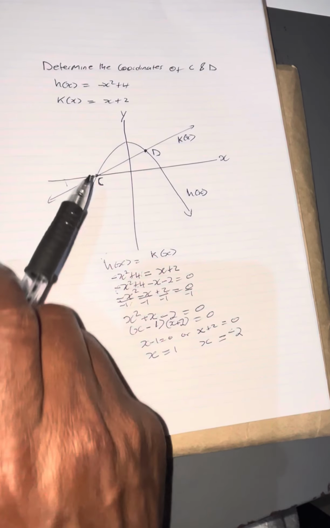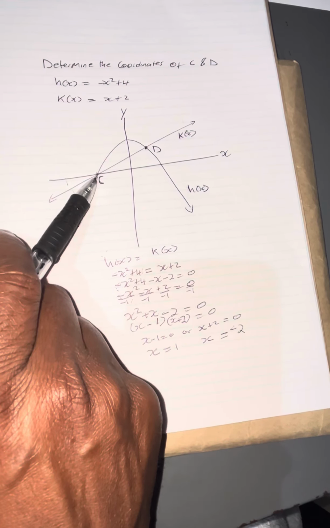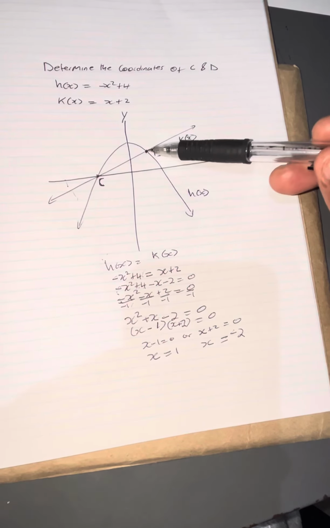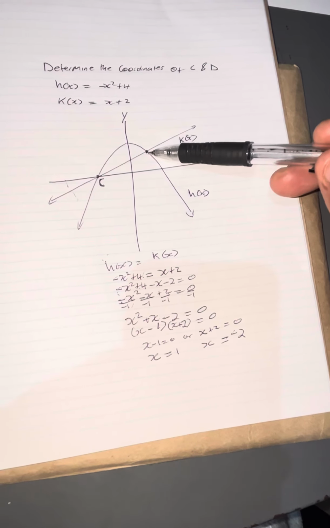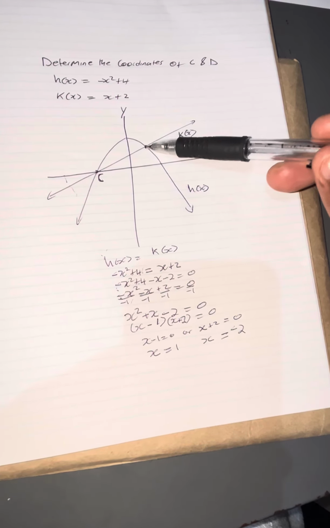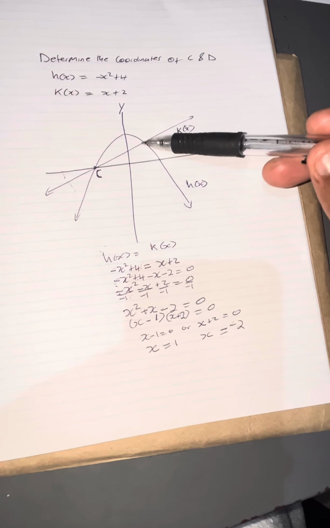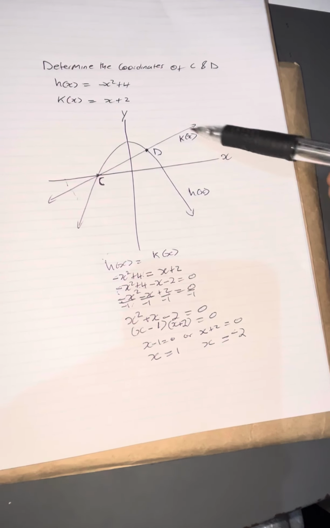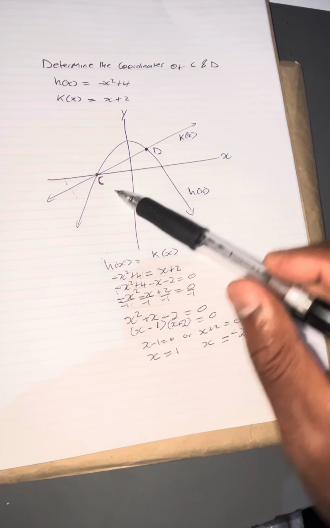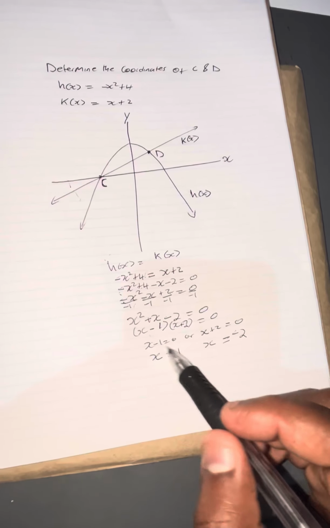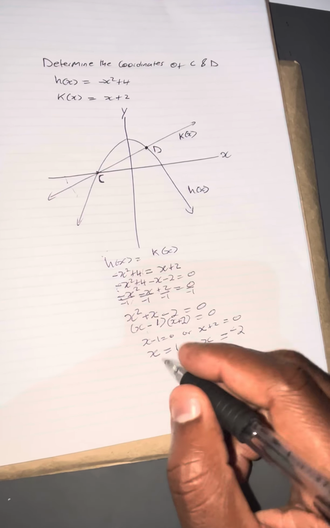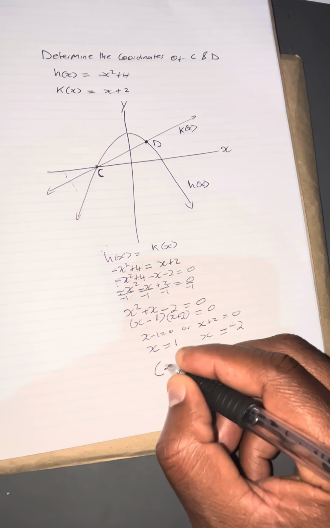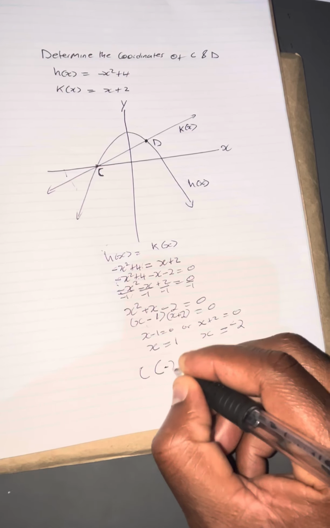So point C is along the negative x axis, but our point D here lies in the first quadrant. The first quadrant is positive and positive. It means the x value here is positive, but the x value here is negative. So C will be negative 2, 0.